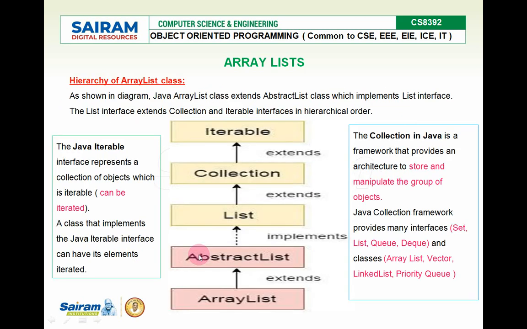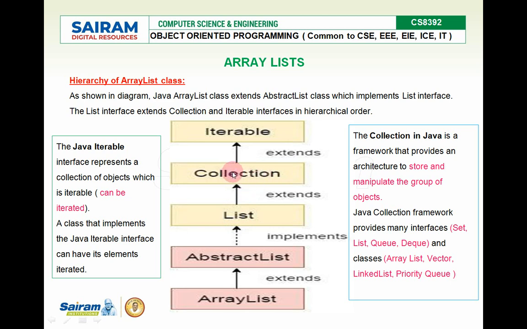Come, let's see the hierarchy of the ArrayList class. As I said already, ArrayList is a class which inherits from AbstractList and implements the List interface. Iterable, Collection and List are interfaces. The List interface inherits from the Collection interface.